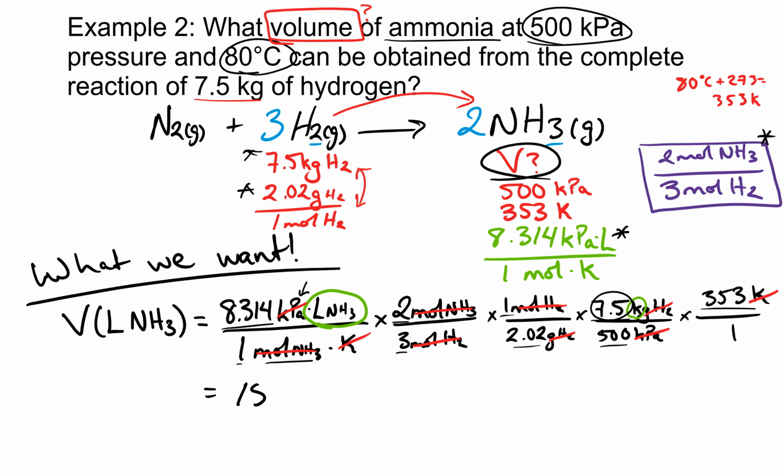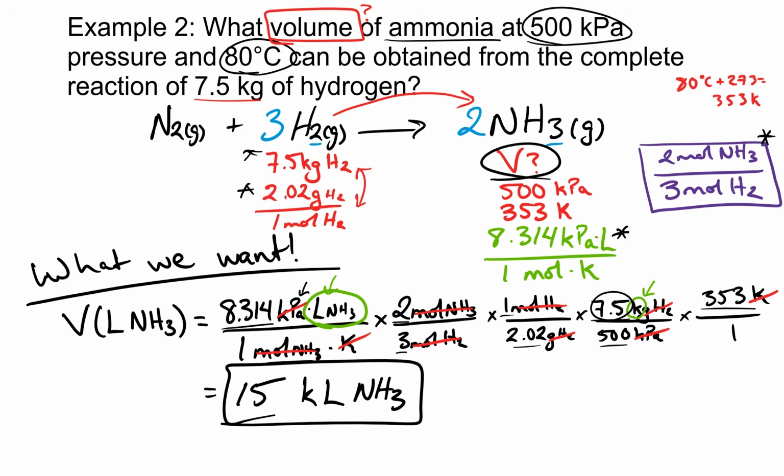I'm going to get 15. And then I have to figure out what units I have left over. Well, I have kiloliters of ammonia. So I'm going to be left with 15 kiloliters of ammonia. Boom. Woo! That's what I'm talking about.